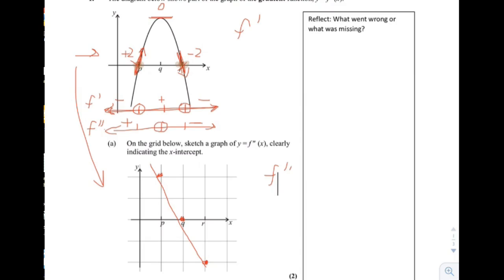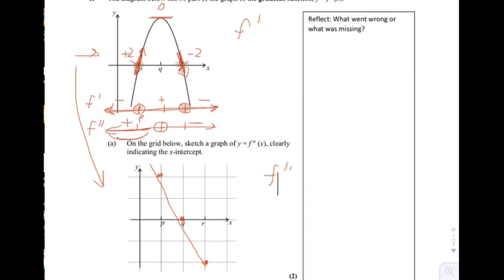And now we're going to figure out, okay, what about our two stationary points? So we can tell from looking at the concavity at this point, which is P. So at P, we can see that the f dash is 0, and the f dash dash is positive. So that means it's concave up.